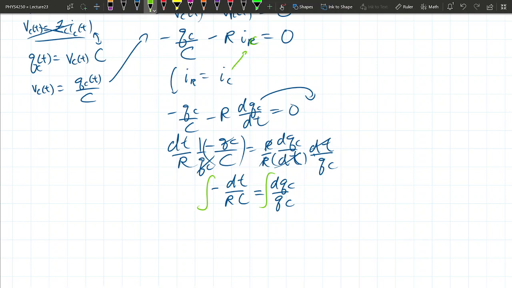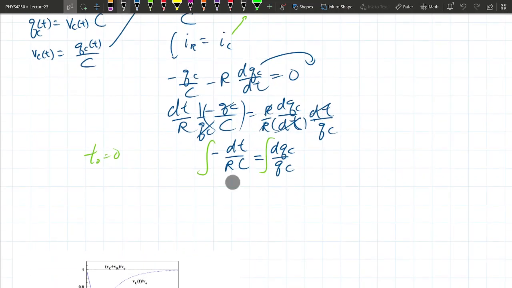Technically t minus t naught. We're going to make t naught equal to 0. So therefore this will be t. There's still this minus 1 over RC here. What's the integral of 1 over q?